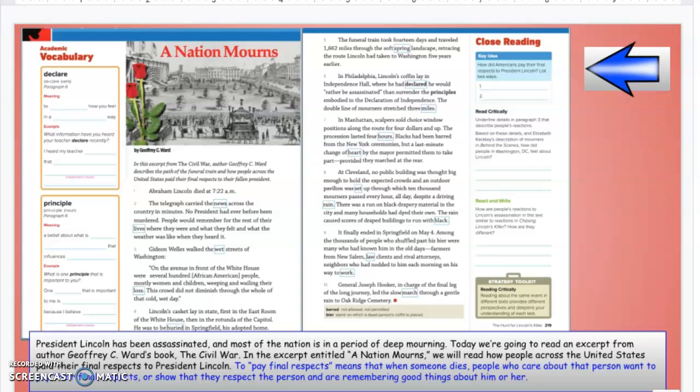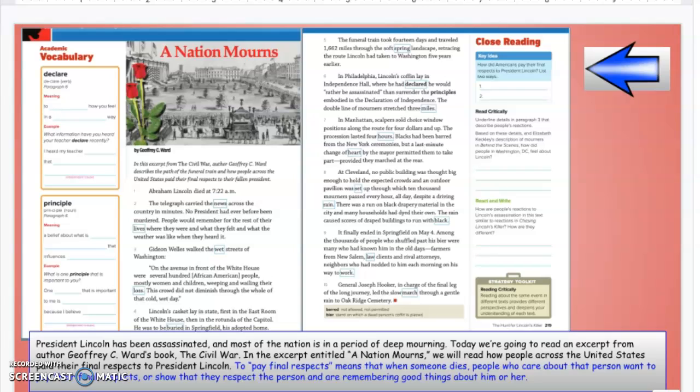All right. Now, when we talk about in this excerpt where they talk about for people to pay their final respects, to pay final respects means that when someone dies, people who care about that person want to pay their final respects or show that they respected that person and are remembering good things about him or her.